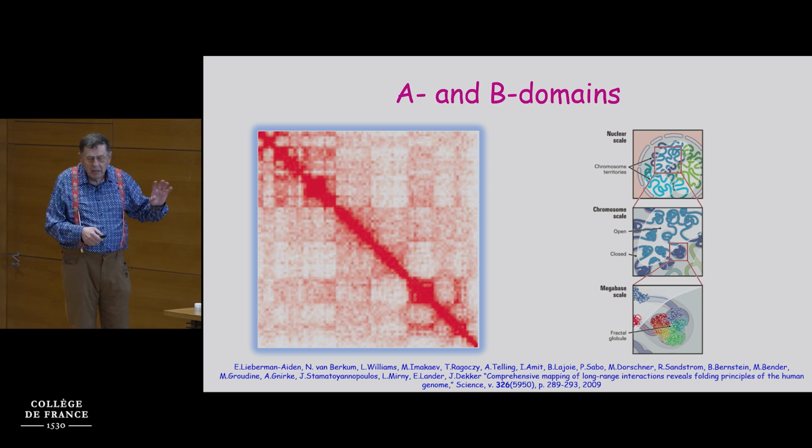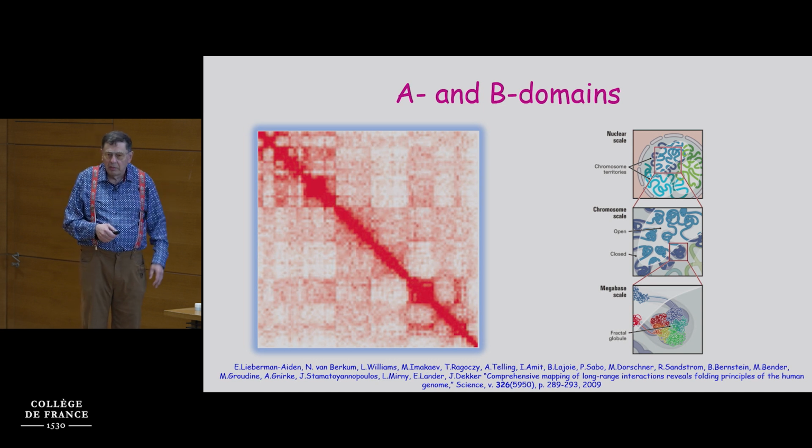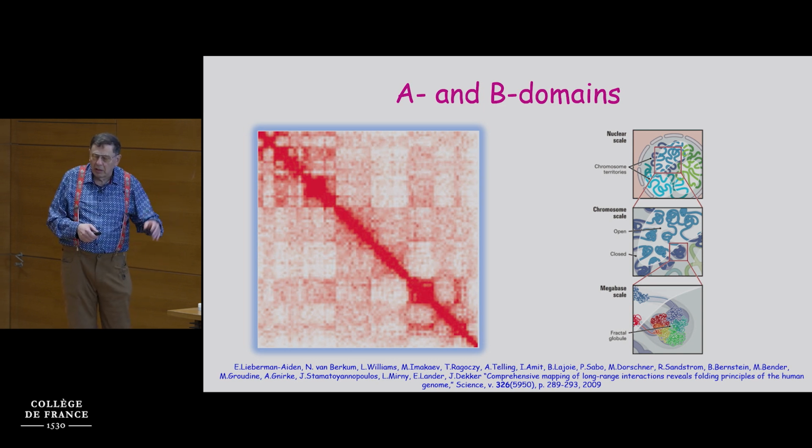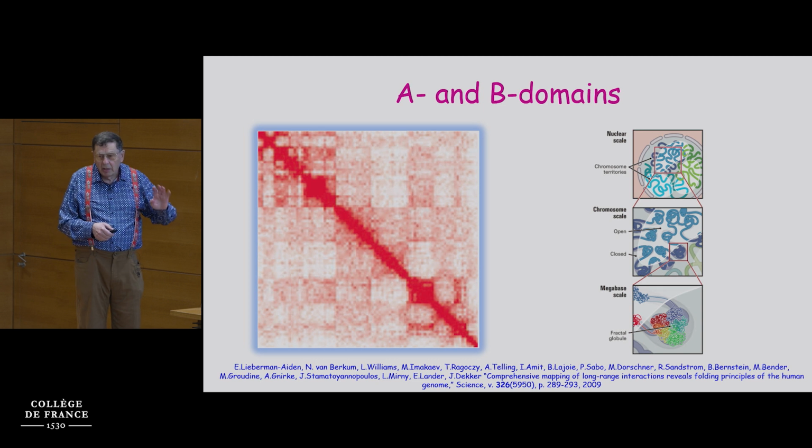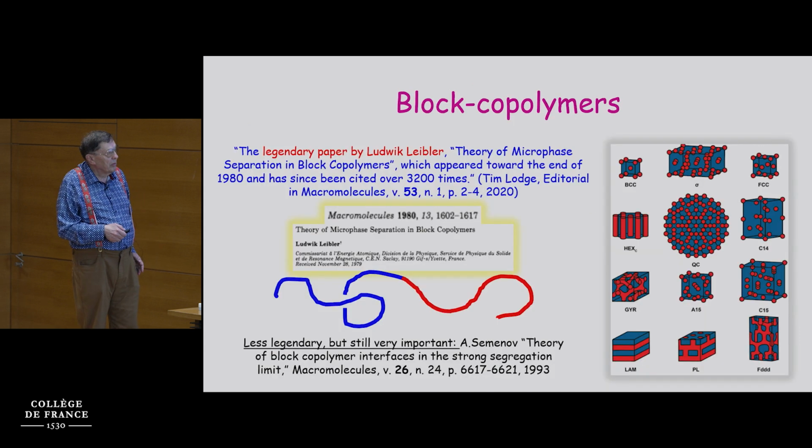And A and B domains, there is still subtlety between this and euchromatin, heterochromatin, but basically, to the first approximation, it's the same thing. So there is indication even in Hi-C maps that there is some separation of domains.